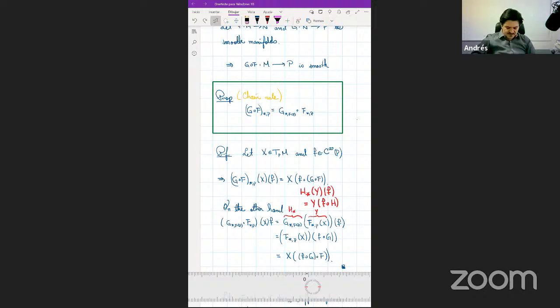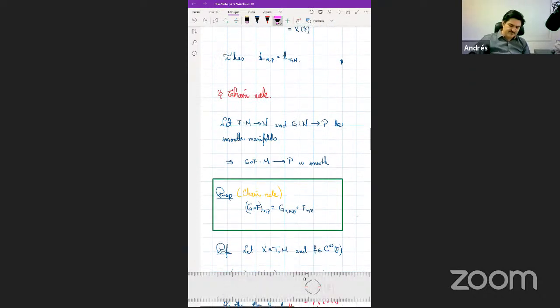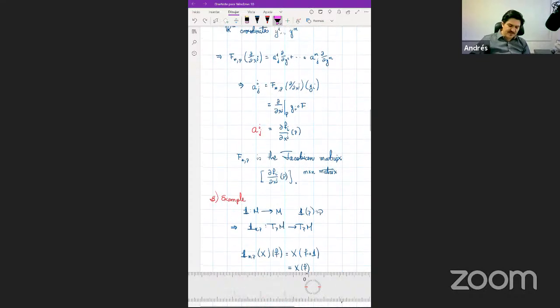Okay, then, let's move on. The reason that I wanted to put this is because in some way it is an easy proof, but also it requires you have a good knowledge of what is the push forward or the differential to understand very well the definition.